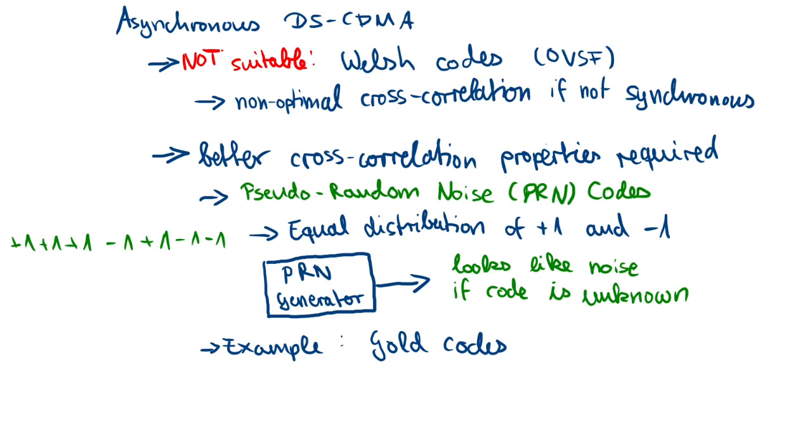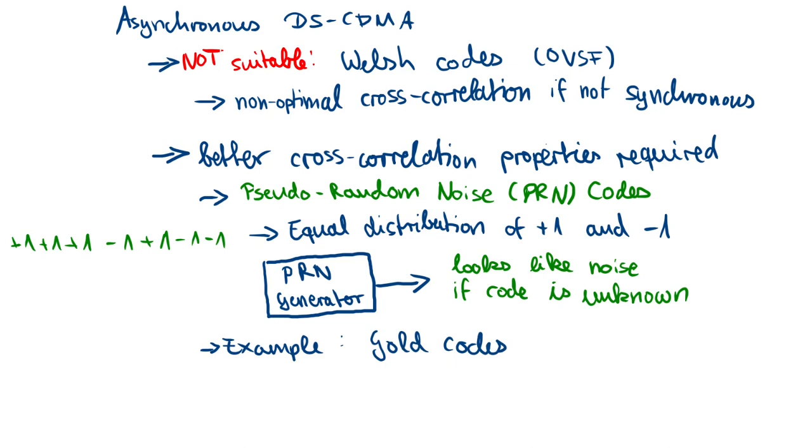It's just a random sequence. But if you know how the code is generated, then you know the code, and then you can use the code to spread the signals of different users. And one example are gold codes, which have good cross-correlation properties for the asynchronous phase.